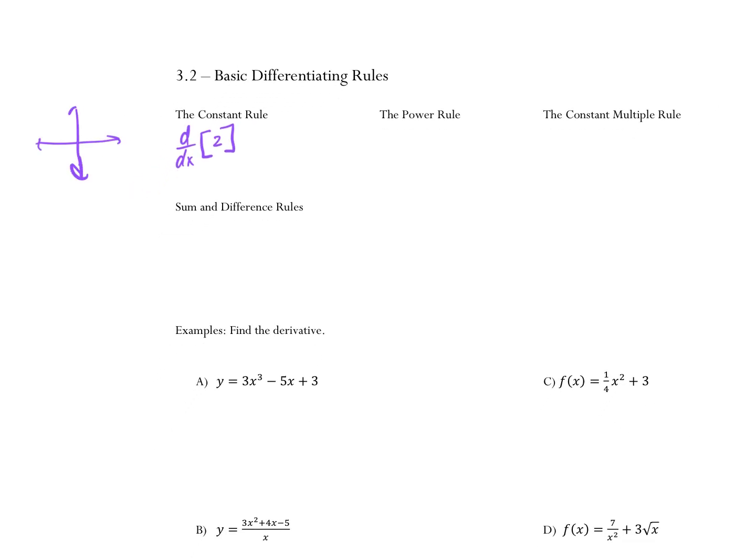Here's my axes. F of x equals 2. It's horizontal at y equals 2. What is going to be the slope of the tangent line at every single one of those points? 0. So the derivative of any constant is 0.